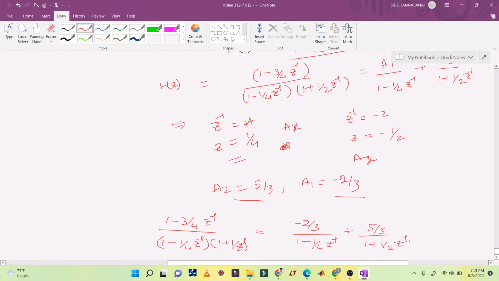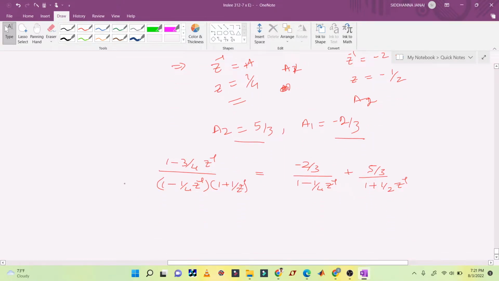This is the answer we are going to get after solving for h of z using partial fractions.